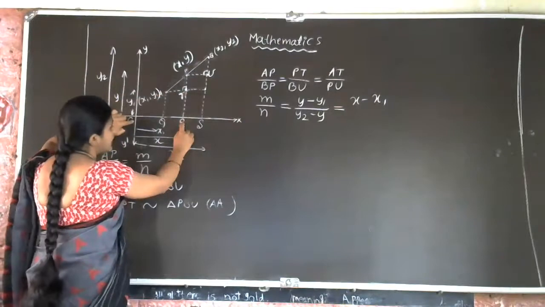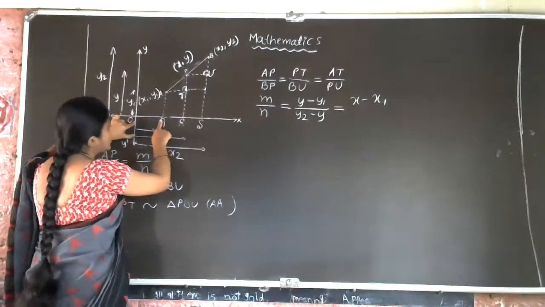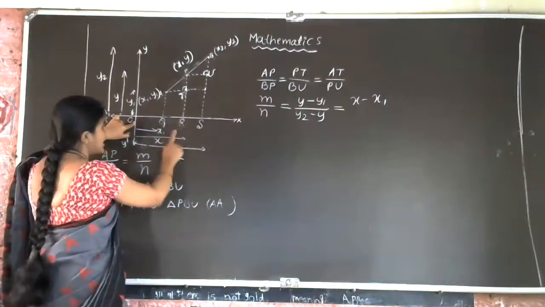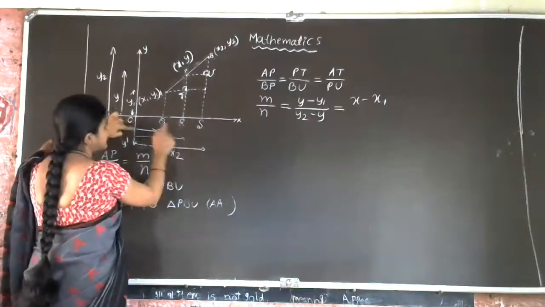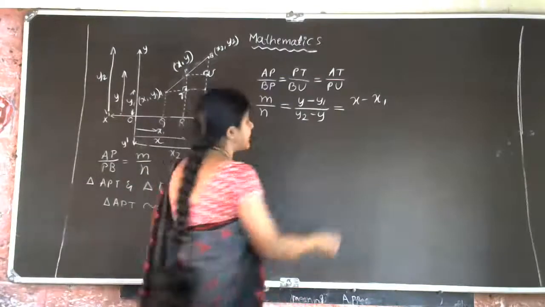The total OR length is X. If we subtract this OQ measurement, then you will get QR, that is AT. So therefore, X minus X1. Right answer, Sumuk.